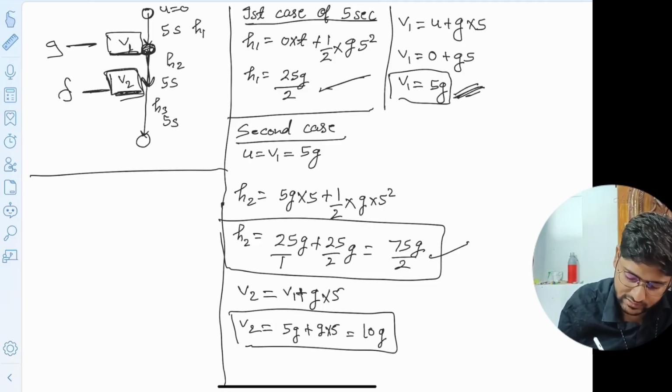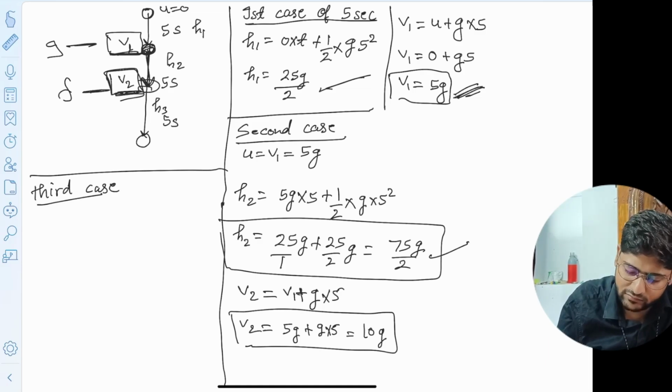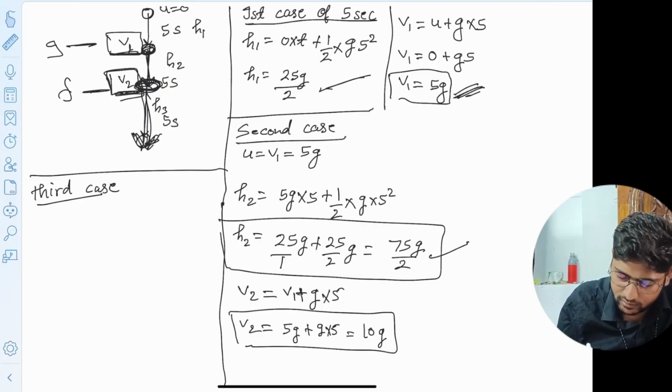Now we calculate h3. The third case: it starts falling from here and goes up to here. So what is the initial velocity? v2.